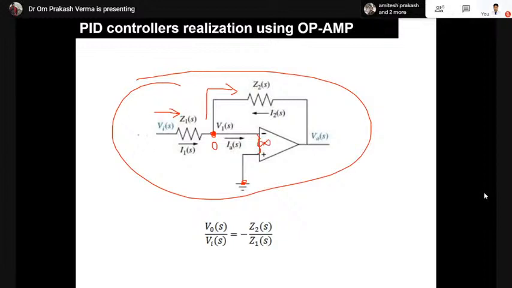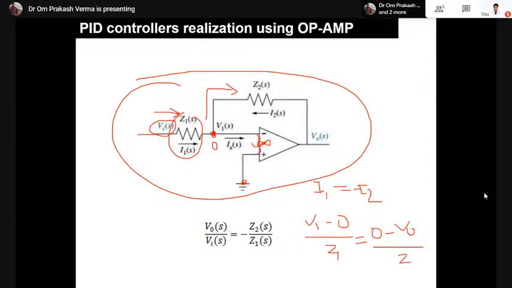So for the ideal op amp, the input voltage is Vi, so you can write (Vi minus 0) upon Z1 equals (0 minus V naught) upon Z2, since i1 equals i2. From this, V naught upon Vi equals minus Z2 upon Z1.